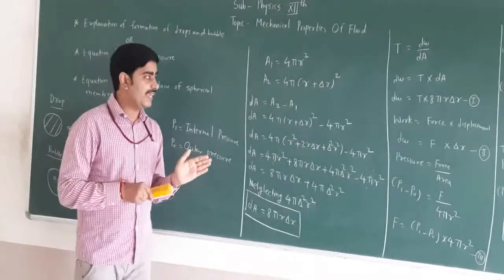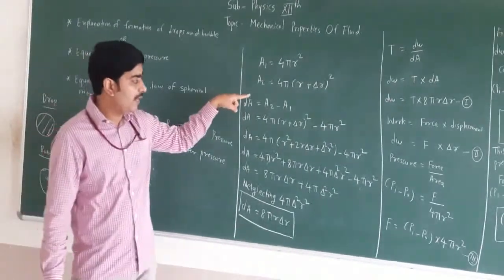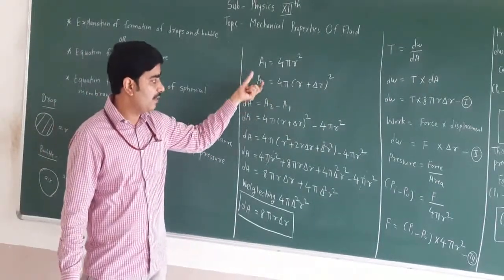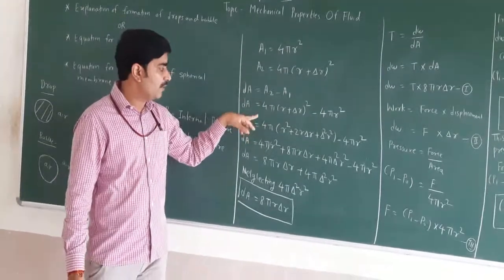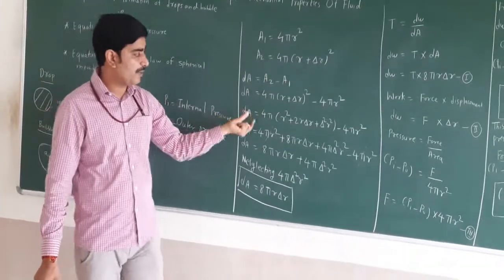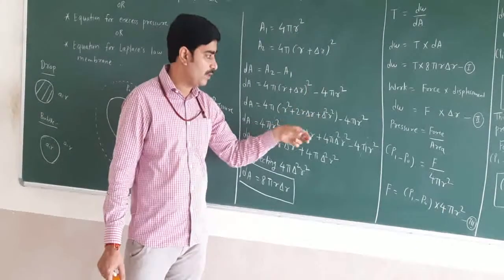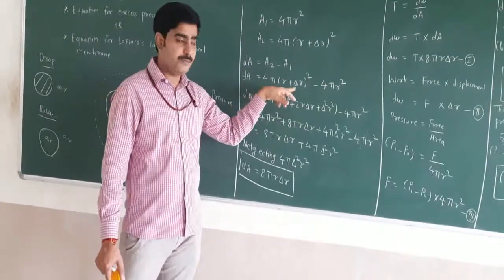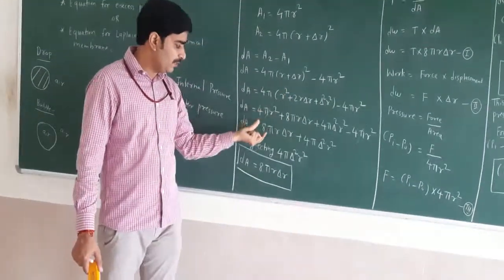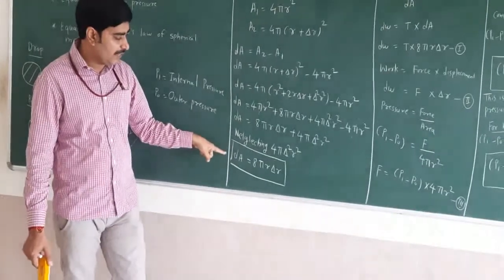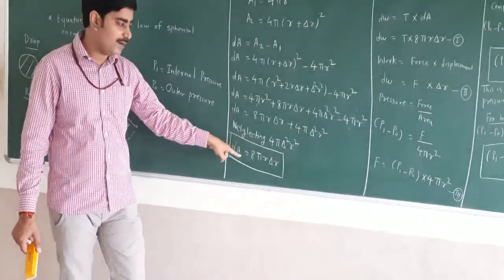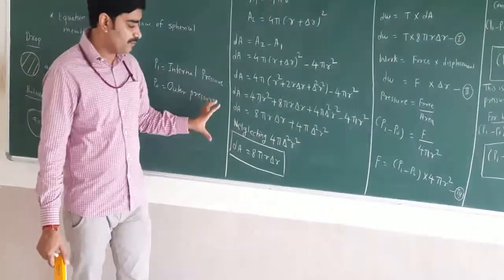Then the change in area is nothing but A2 minus A1. After subtraction, we get 4 pi into the bracket r plus delta r bracket square minus 4 pi r square. Use the formula of a plus b whole square, and after solving this we finally get dA is equal to 8 pi r delta r. This is the first part.